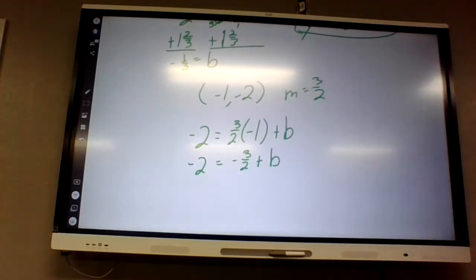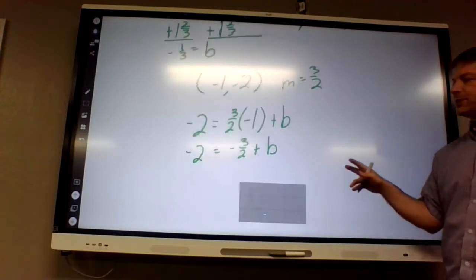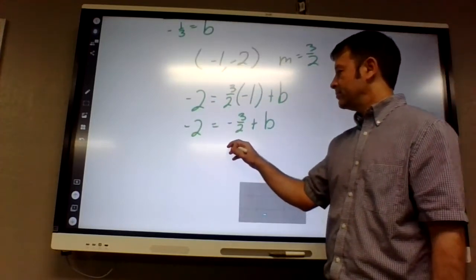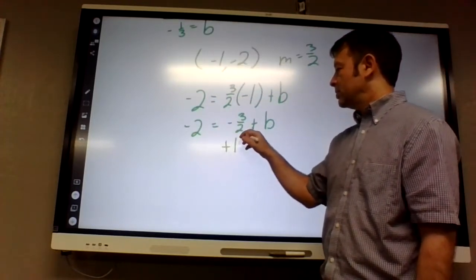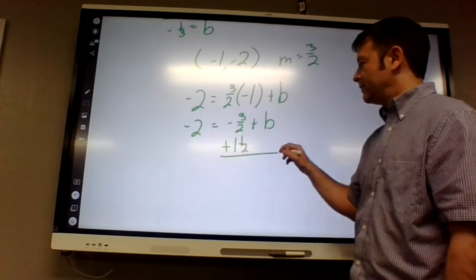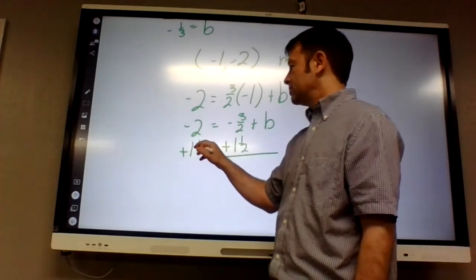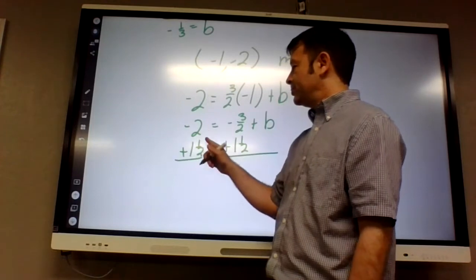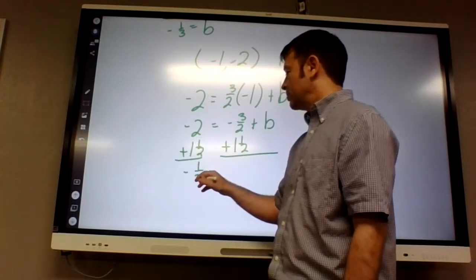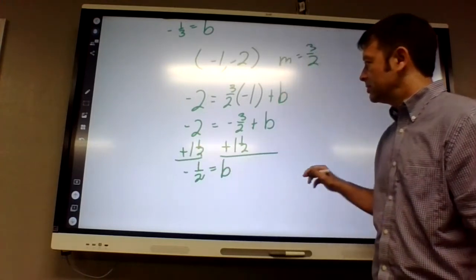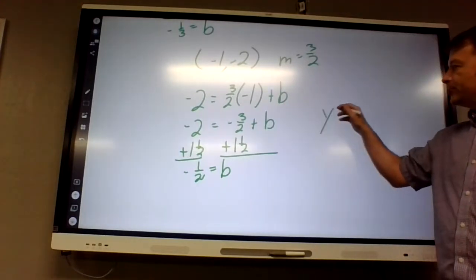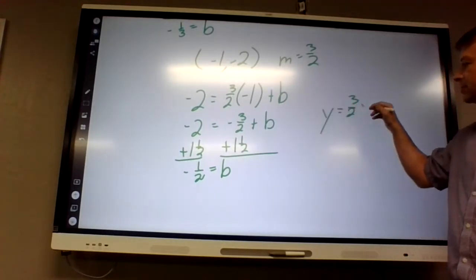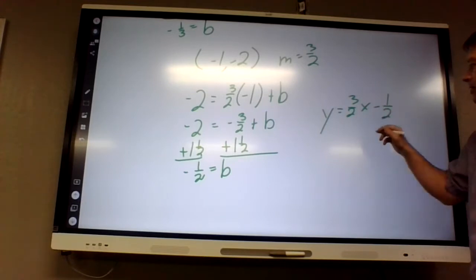Times negative 1 is negative 3/2. You guys know what 3/2 is as a mixed number? Negative 1.5. So I'm going to add 1.5. Since I'm doing this by hand, negative 2 plus 1.5. Negative. So we got the slope is 3/2, and the y-intercept is negative 1/2.